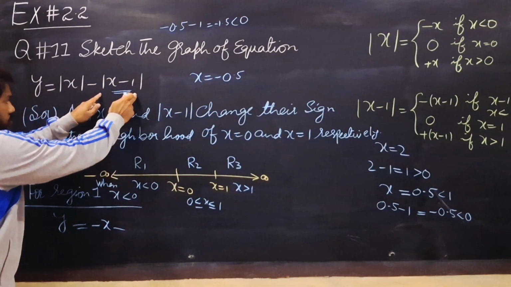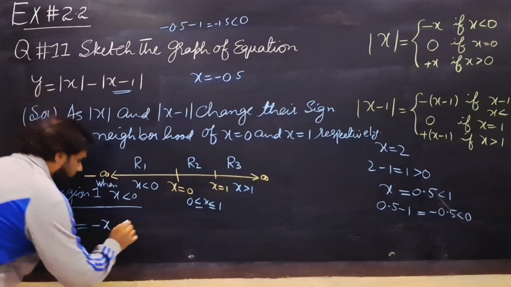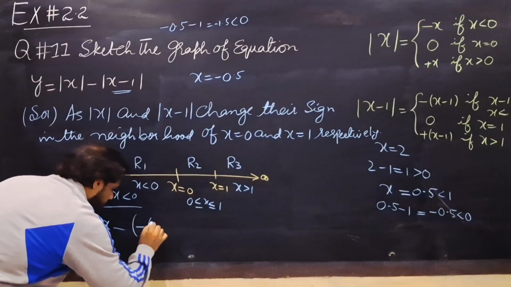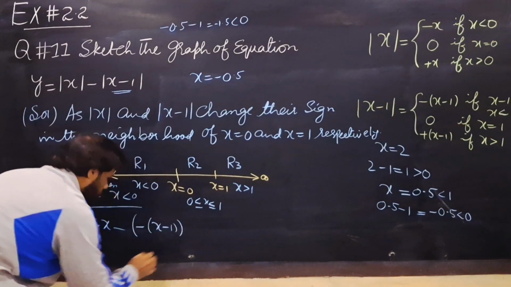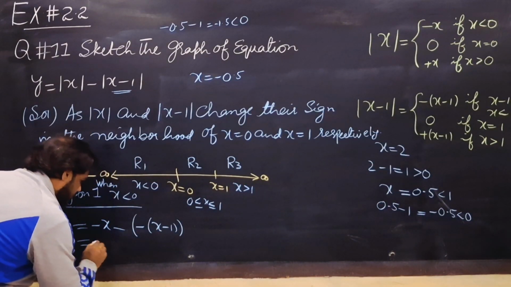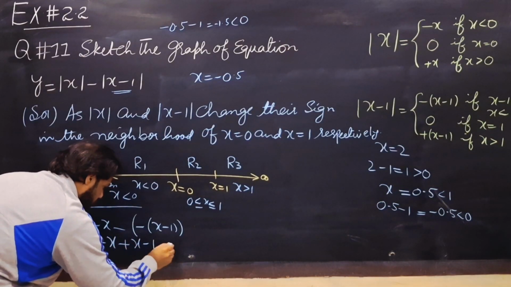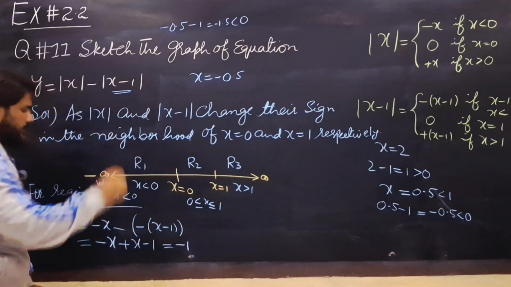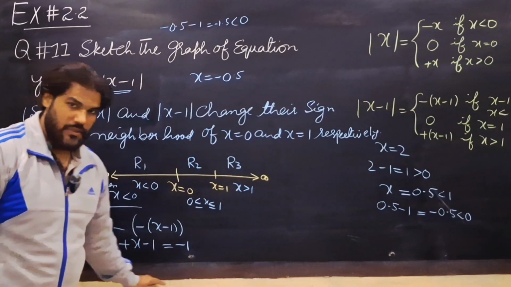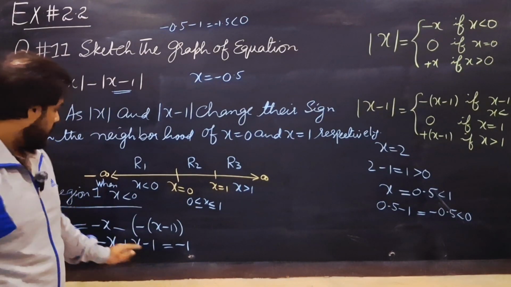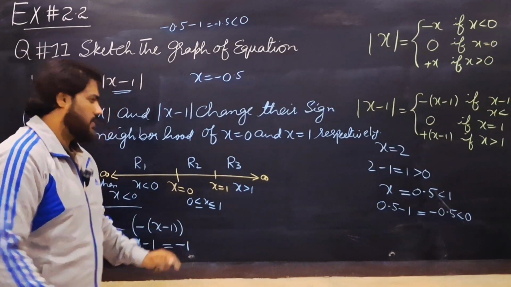It means its absolute value is minus x minus 1. So in this case, y becomes minus x plus x minus 1, which is equal to minus 1.